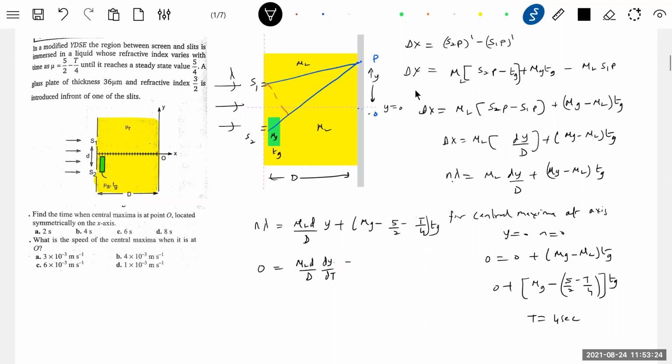This will be minus of, this will become, mu l is this much, no? So Tg by 4 dt. This will be the expression for dy by dt.